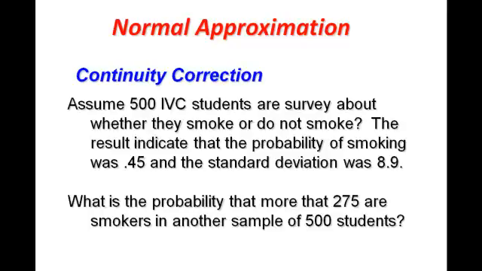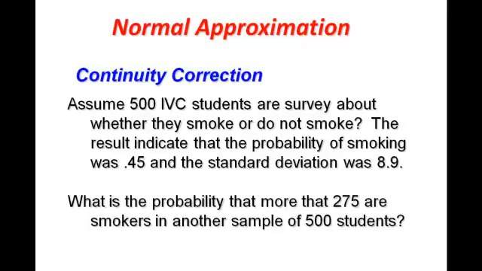So remember, the requirement of whether or not you have to use the continuity correction is if n times p is greater than or equal to 5. Well, n is 500, p is 0.45, so 500 times 0.45 is way more than 5.